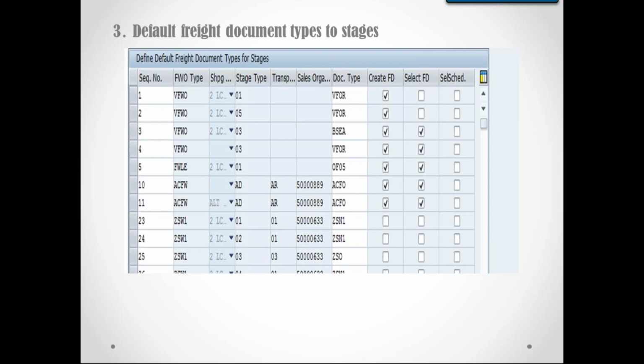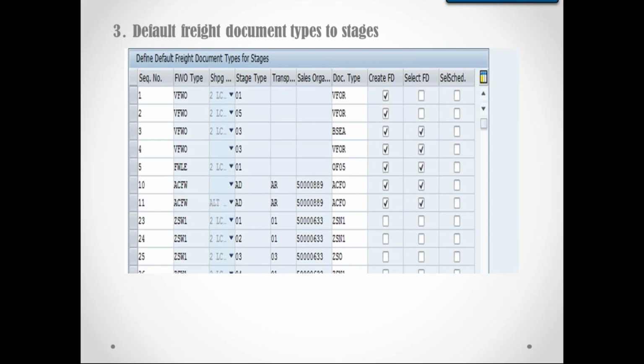So for this particular stage, using this forwarding order, it will trigger this document type creation? No. If you create any forwarding order with this type, then 01, 05 and 03, which are different stages, only these three or four stages will trigger.